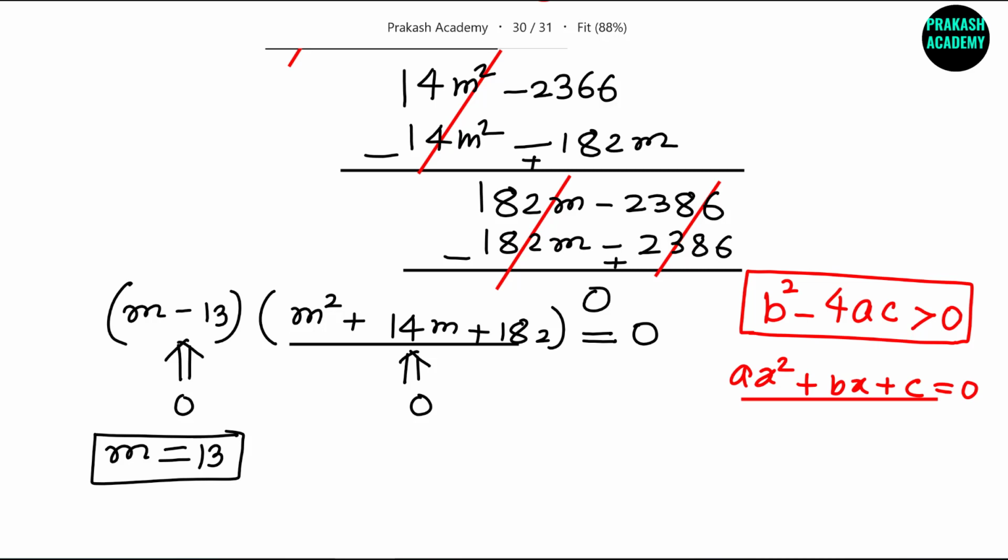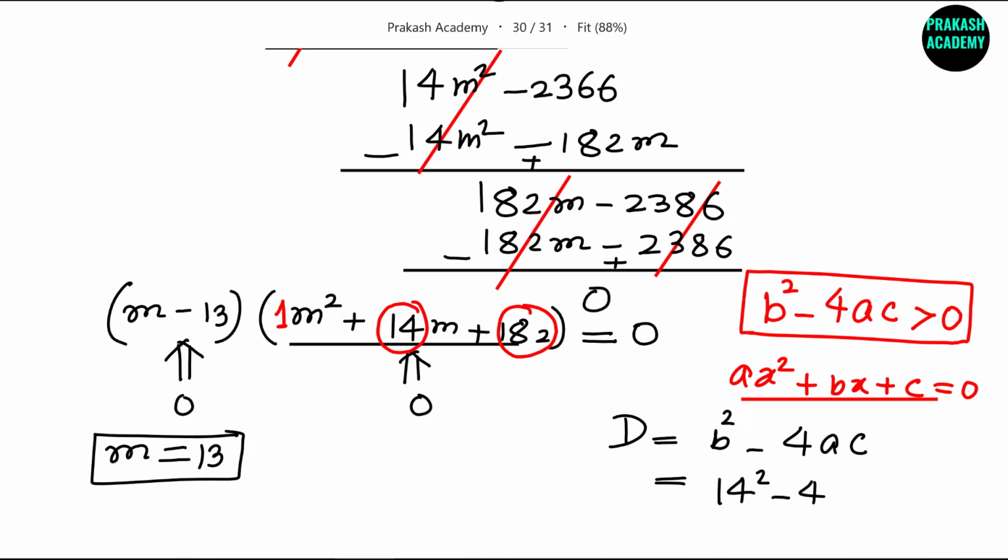In this problem, a is equal to 1, b is equal to 14 and c is equal to 182. So let us calculate the discriminant, that is b square minus 4ac. b is 14, so 14 square minus 4 times 1 times 182.